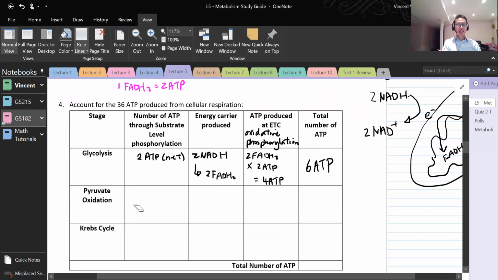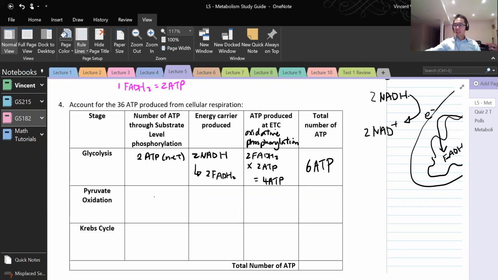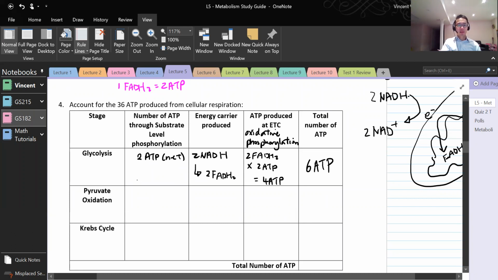Pyruvate oxidation. Any ATP from pyruvate oxidation? How many? Anybody? You flip through your notes, look at the chart. That's right, none is correct. None. Energy carrier per glucose will produce 2 NADH.